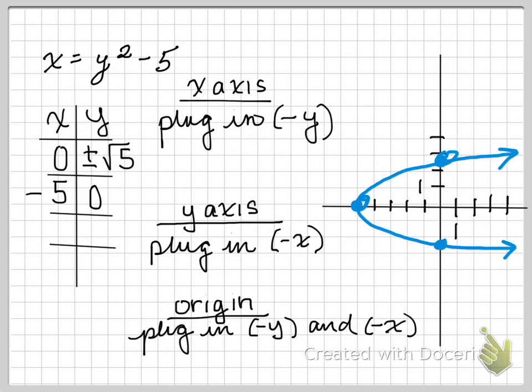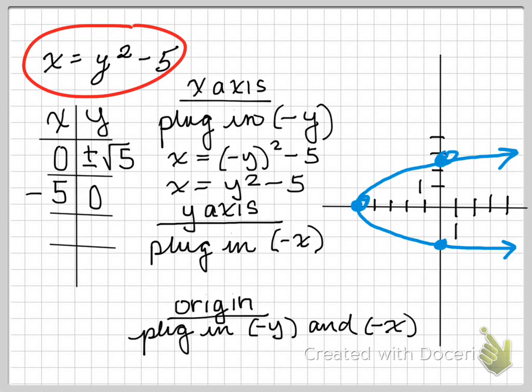So let's go here. For x-axis symmetry, I have x equal to negative y squared minus 5. And then when I simplify that, I get the same equation I started with. So this equation does have x-axis symmetry, which we can see here, right?